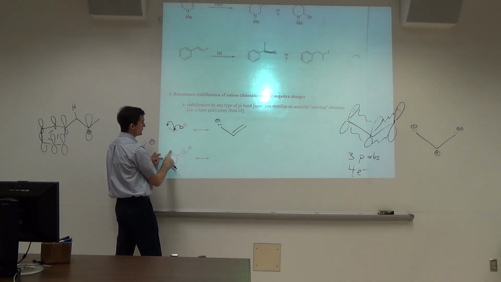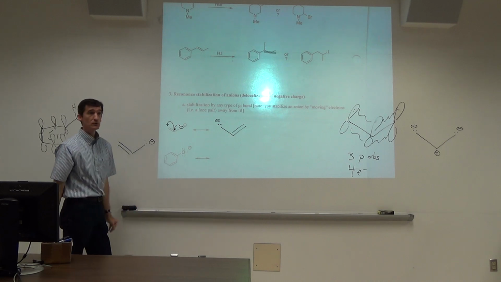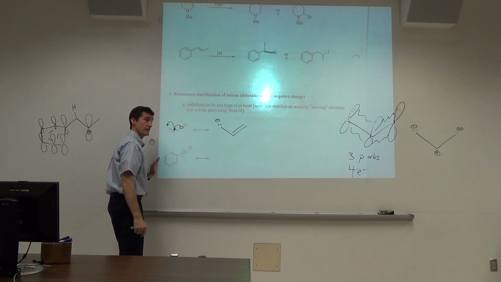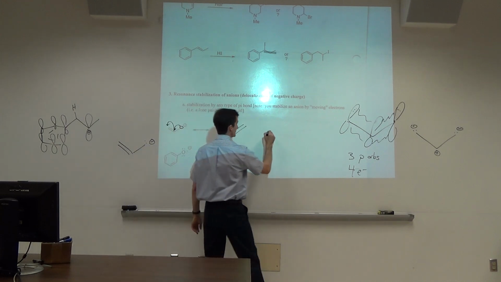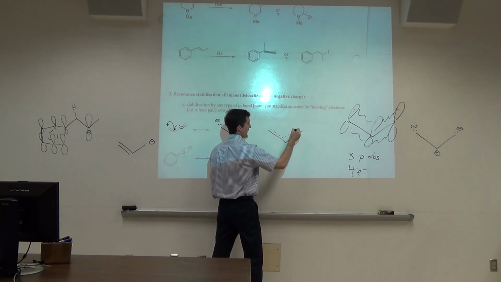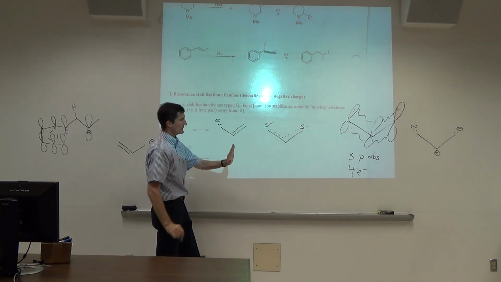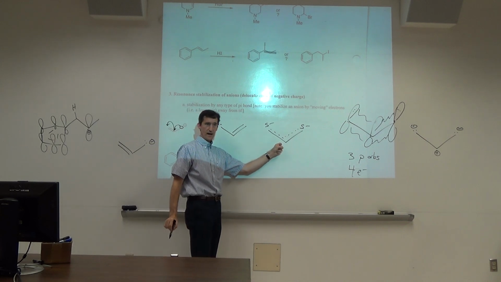Let's stick with these 2. Which one's major, which one's minor? They're the same, equal contributors, 50-50. That is, the true structure has bond and a half here, bond and a half here, partial minus, partial minus. If you could look at this anion, it would look like this.